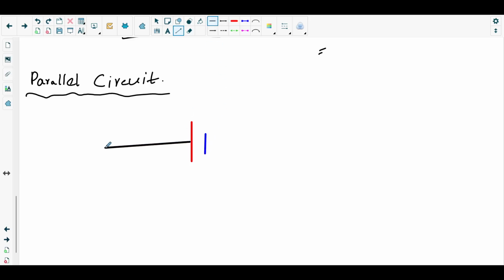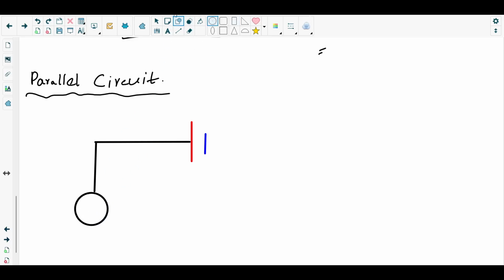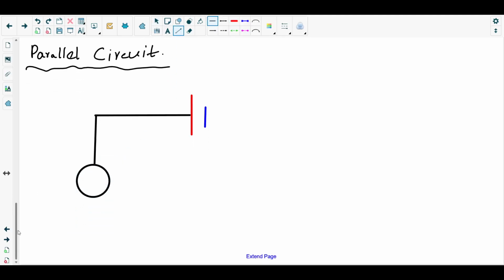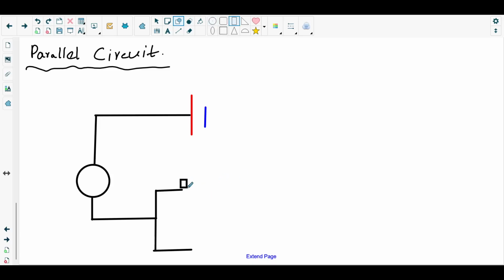When we connect the emitter here, we connect two resistors R1 and R2 in parallel.